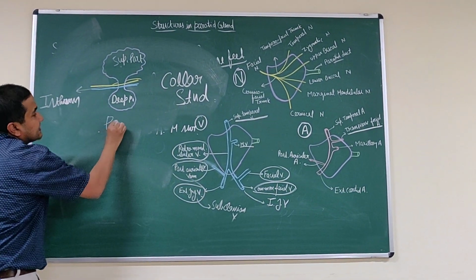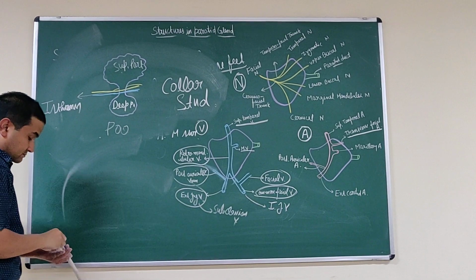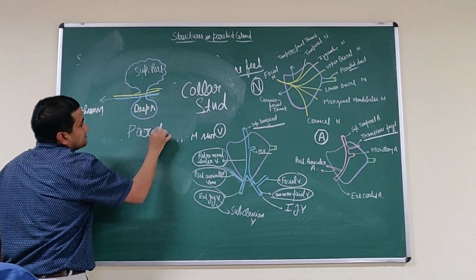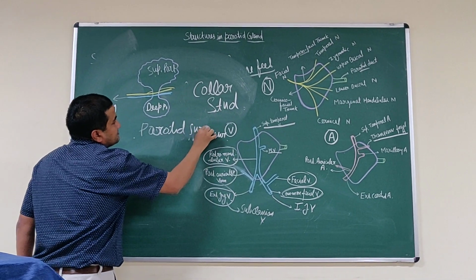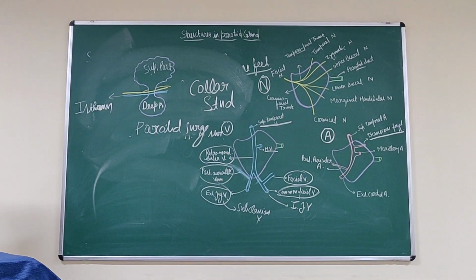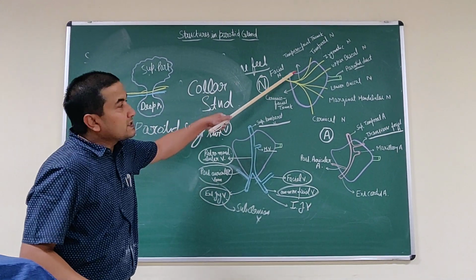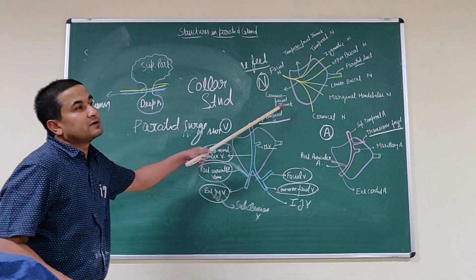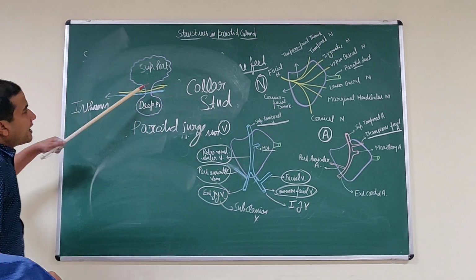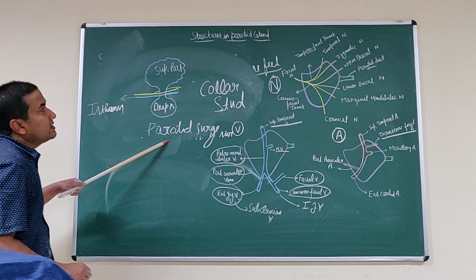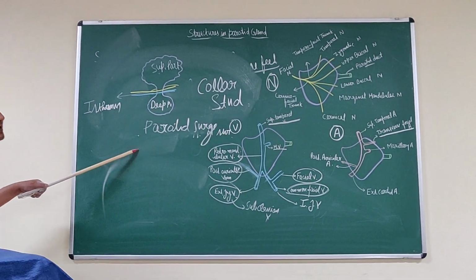At the parotid surgery, it is the facial nerve, an important nerve that supplies the muscles of facial expression. So to avoid injury of this facial nerve is the first priority during parotid surgery.